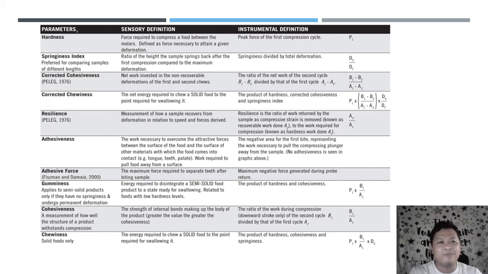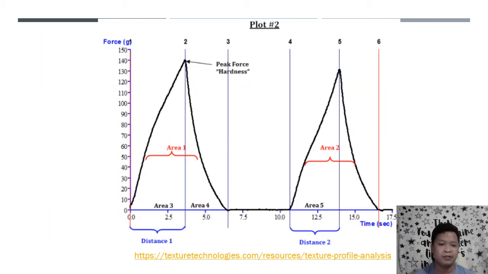mid-year. So this is a sample of your typical texture profile analysis plot. So nakita niyo dun sa previous slide, meron mga D's, letter D, letter A, and yung P. So there's the P or peak force. A is the area under the curve, and D are the various distances, no? So they calculate the various texture-related parameters based on these.